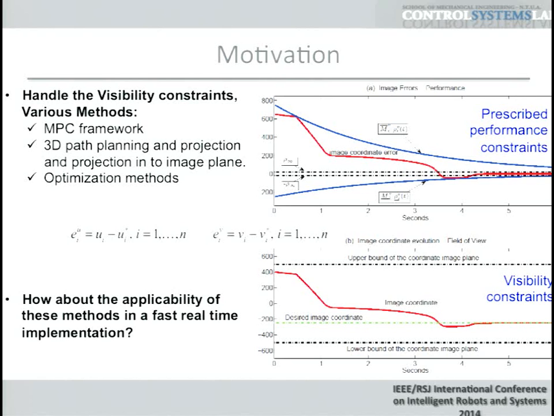The basic idea that we want to convey in this work is that we define the errors between the desired positions on the image plane, and we try to bound those errors in the transient and also with respect to the field of view constraints. In such a way, we have good transient and steady-state performance, and at the same time we don't lose the features due to the field of view.